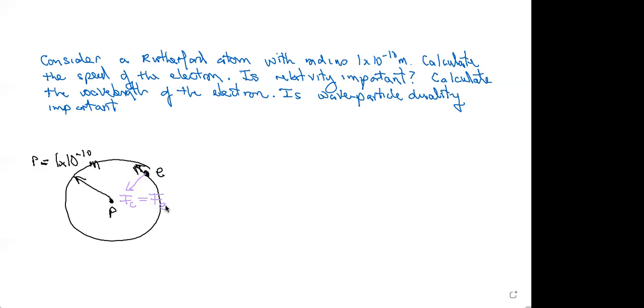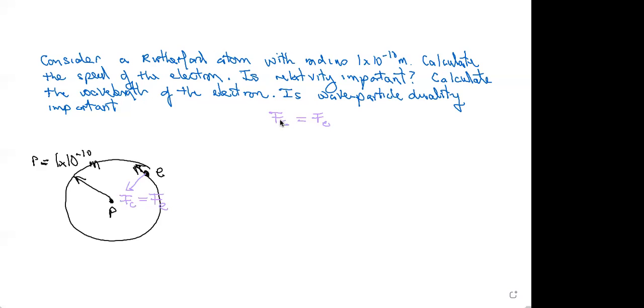So the basic idea is that the centripetal force Fc is equal to the electrical force Fe. So I'm going to use that as the starting point for calculating the velocity of the electron at a radius of 0.1 nanometers. So Fc equals Fe.